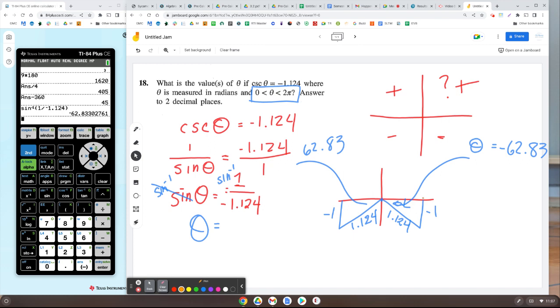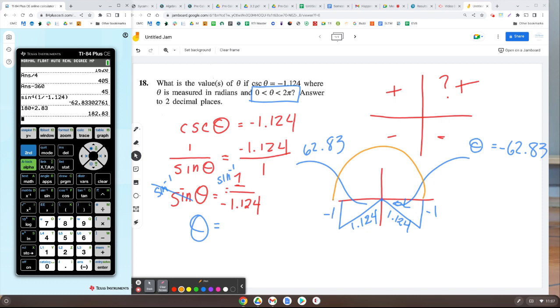How many degrees did I just rotate? 180. Now, we got to go 62.83 more. So I'm going to do 180 plus 62.83. So it's 242.83.